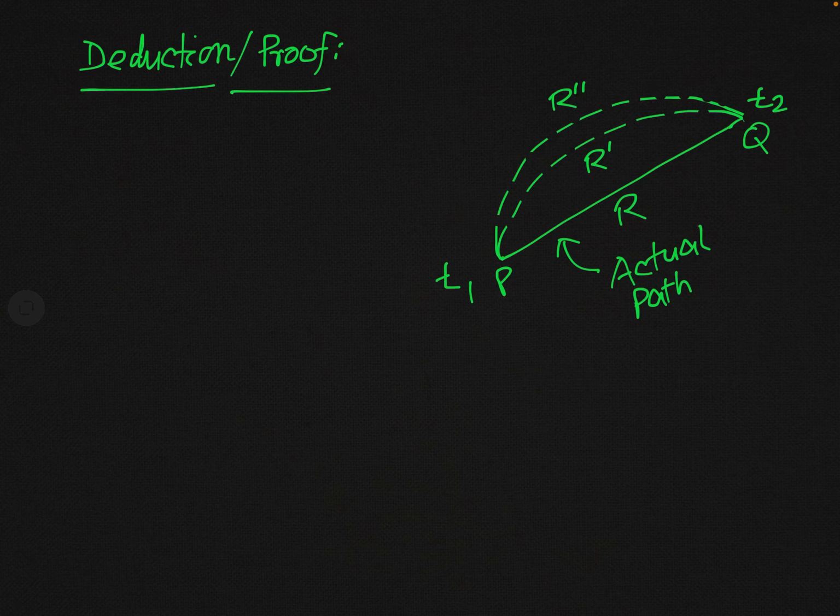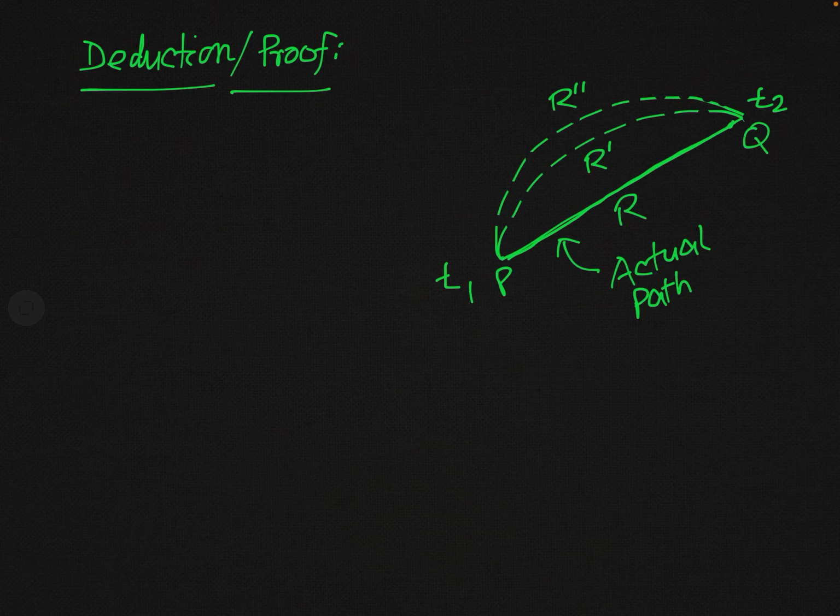In this figure I have considered that PRQ is the actual path followed by the system, and these two curves PR'Q and PR''Q, which I have shown by the dotted line, are the varied paths or neighboring paths of the actual path. Our dynamical system changes its configuration from P to Q in this time interval t2 minus t1.